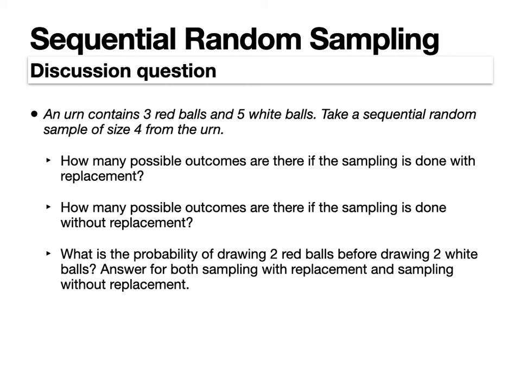So think about it that way in answering questions 1 and 2. While in question 3, though, all that matters is really the color of the balls. And so there you're going to have to think a little more deeply in addition to thinking about, well, what are the possibilities for drawing 2 reds before drawing 2 whites? Anyway, those are the questions to think about.